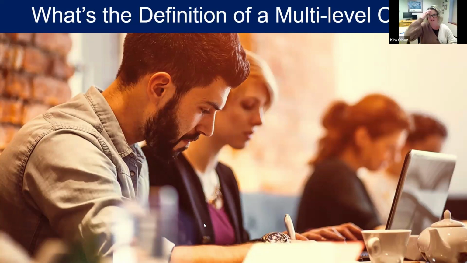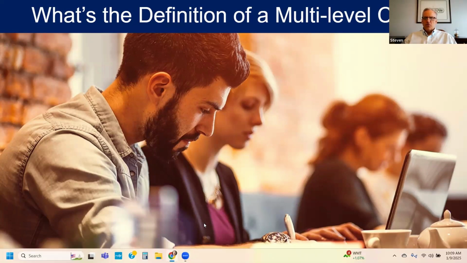Feel free to unmute so we can have a good conversation. I would say that it means there are more than one level in a classroom. Thank you, Diana. Let's see, Jeremy gives a textbook definition. Very good. Thank you. And oh, unique strengths.